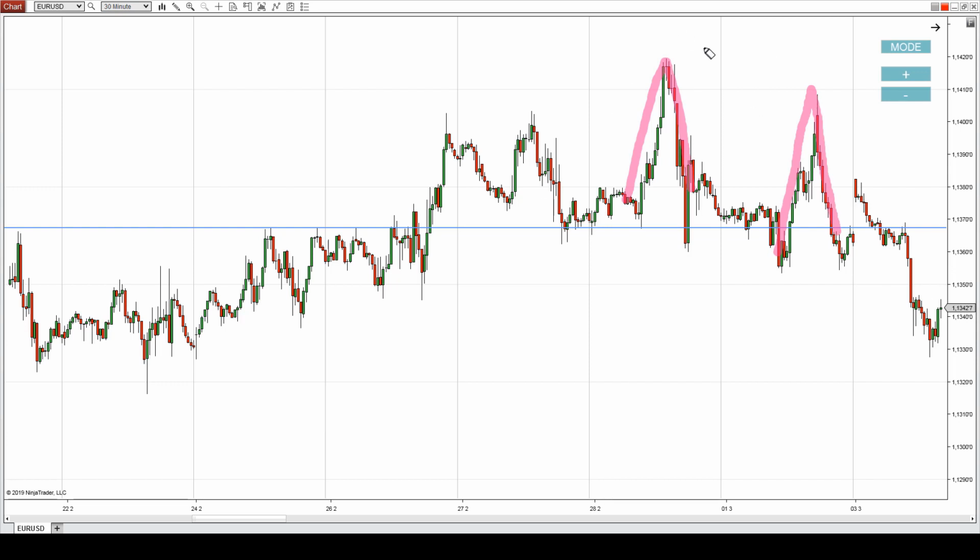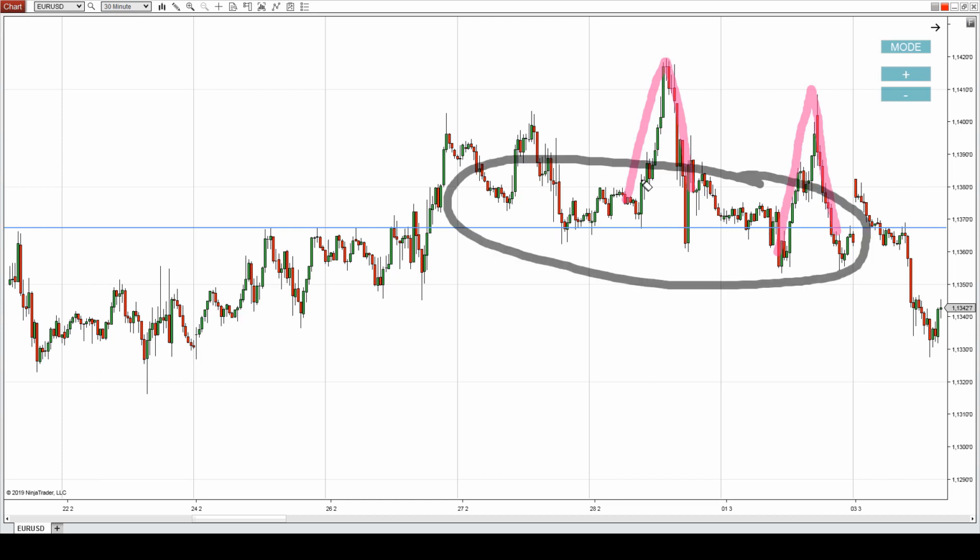And those are signs of aggressive sellers. If you look in this area, in the rotation area, then you can see that the sellers are more aggressive than the buyers. There is not such strong rejection of lower prices as those two rejections of higher prices, all right? So it seems that the sellers are more aggressive in this area.